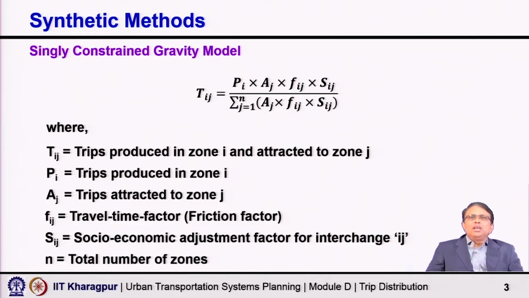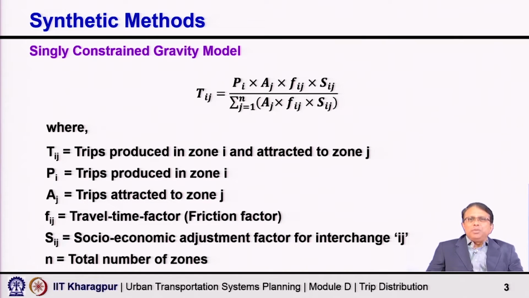So, F_ij is just used as a multiplier, but its value changes in such a manner that the higher the cost, distance or time, the lesser is the value of F_ij. Simply, if I am dividing by a value x, I can always multiply by y, where y equals 1 by x. So, it is just used as a multiplier.